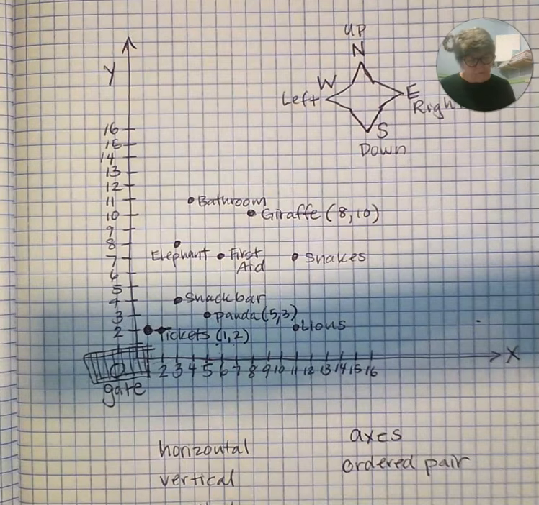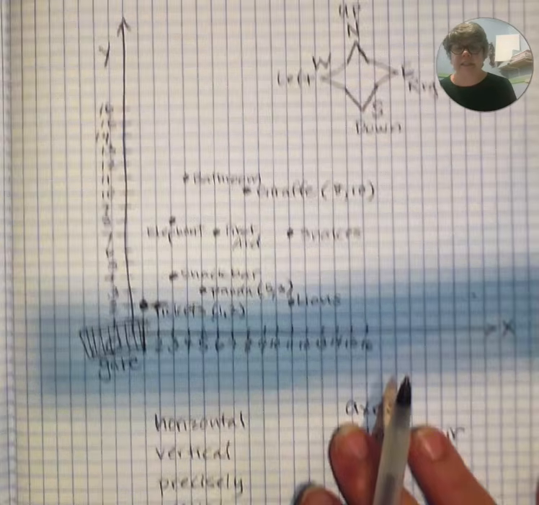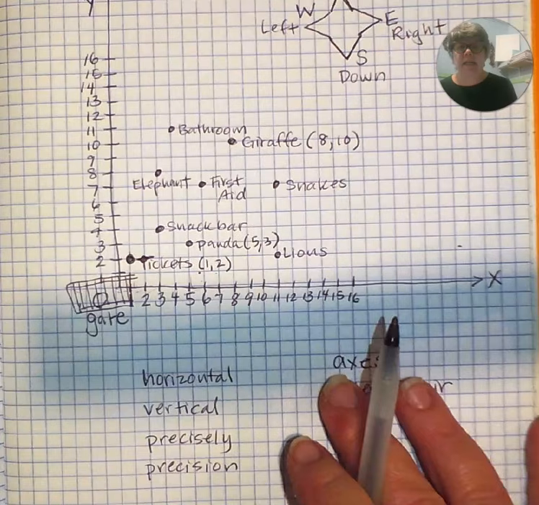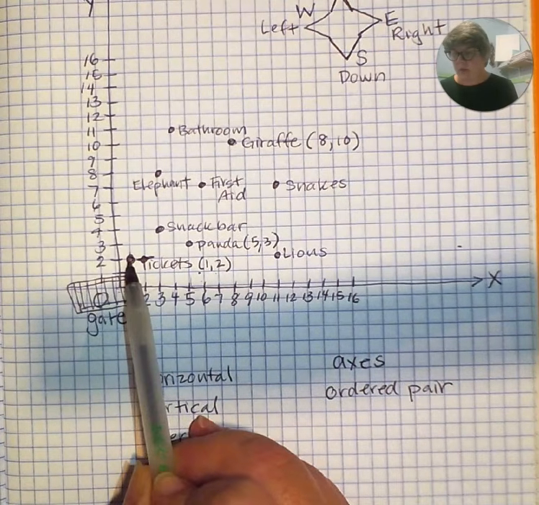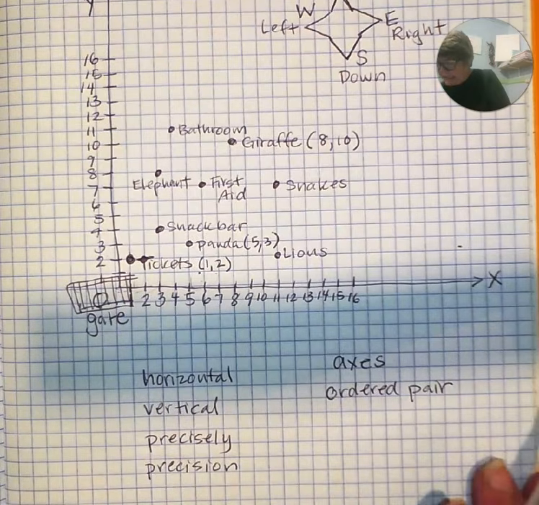And from the ticket stand to the lions. How could we get from the ticket stand to the lions? Now see, this is what we're working on in this lesson.